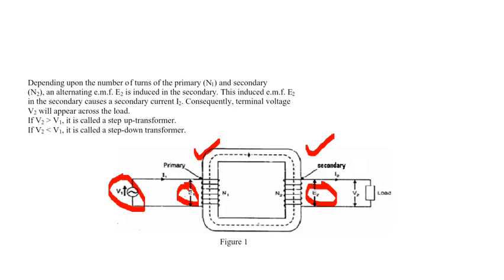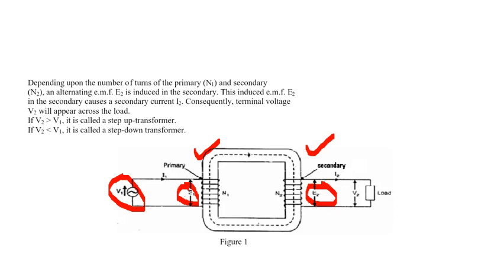Depending on the number of turns N2 in the secondary, an alternating E2 is induced, and E2 in the secondary causes secondary current I2.